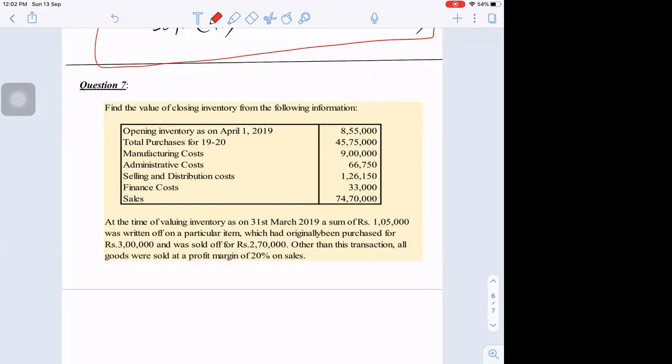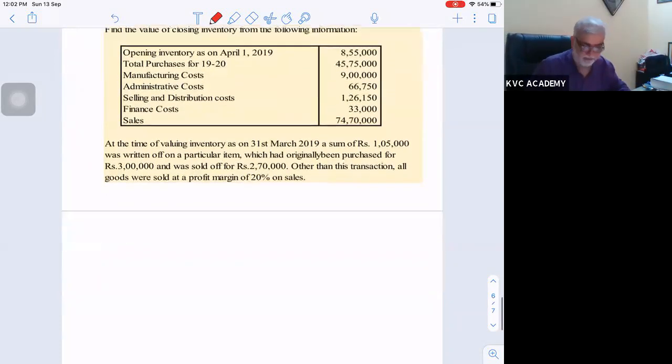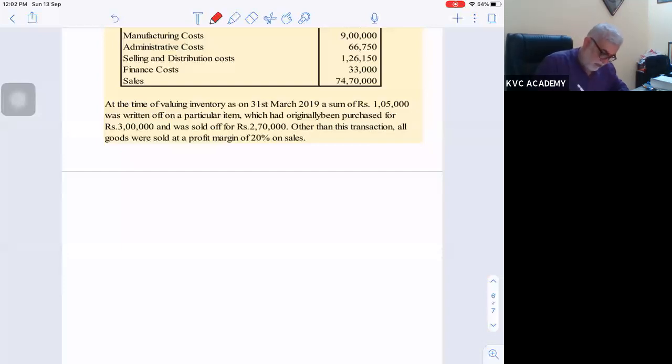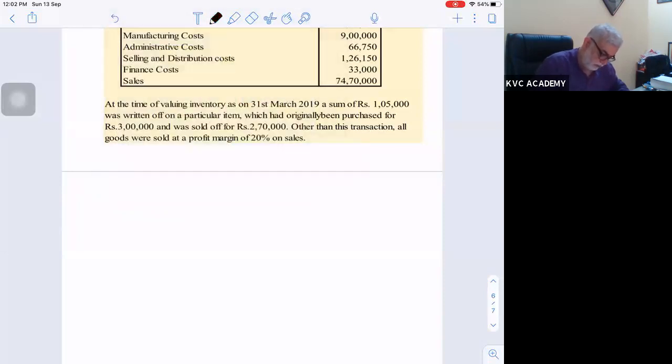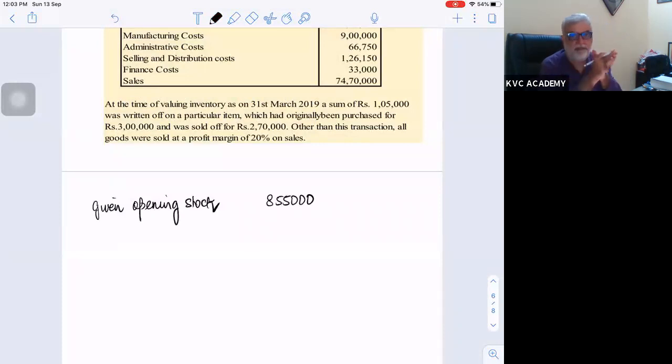Yes, sir. Look, I'll put it like this. Opening stock, given as 8 lakh 55.